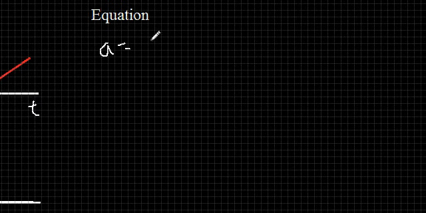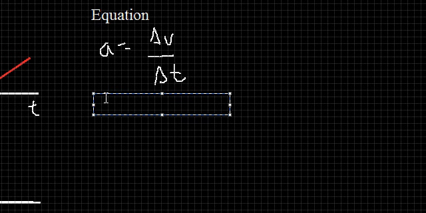So this is the equation that I'm going to use to mathematically solve for the answer here. All right, next step is the P, and that's for plug in. In other words, you want to plug your numbers in.